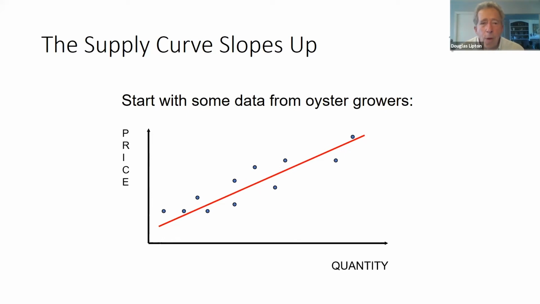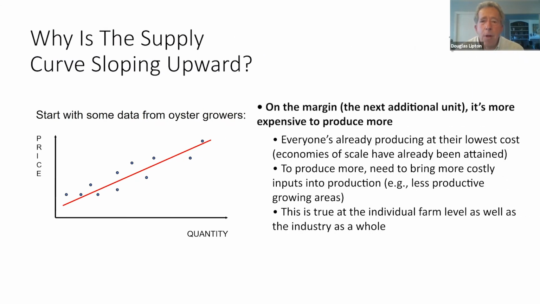So these are oyster farmers, and the reason that curve slopes upwards is that if I'm a farmer, I'm going to produce as efficiently as possible on the oyster grounds that I'm leasing.